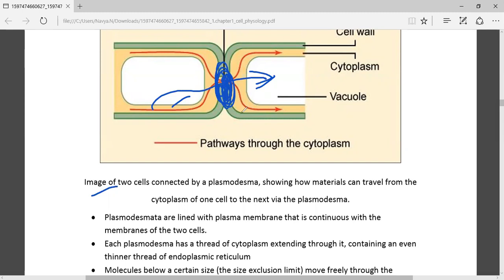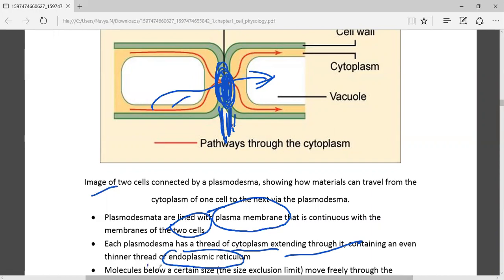This plasmodesma is lined with the plasma membrane. This plasma membrane is continuous with the membrane of the two cells. The plasmodesma has a thread of cytoplasm extending throughout it, containing an even thinner thread of the endoplasmic reticulum.